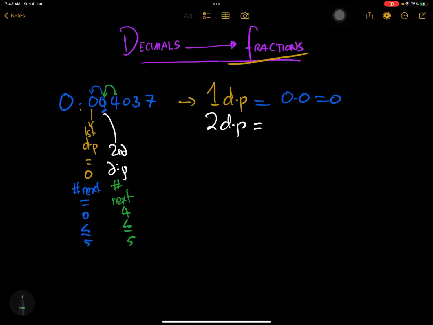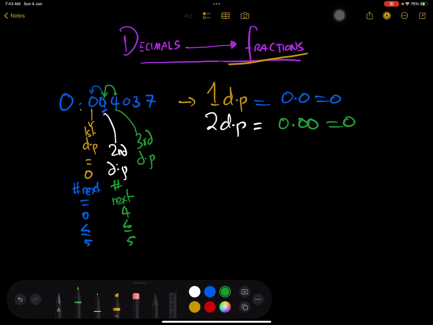But it's not even up to 5, so we leave it as is. The second decimal place is 0, and the number next to it is less than 5, so we're going to have 0.00, which is 0.